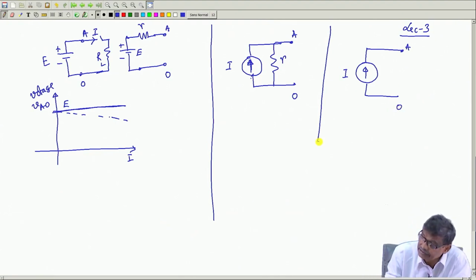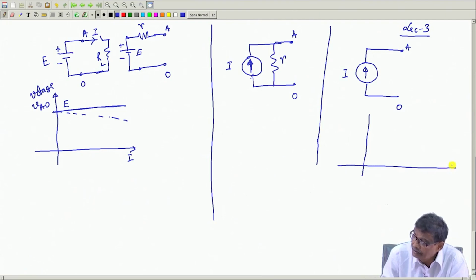Therefore, the characteristics of an ideal current source, if this is I, this is I, and this is voltage, and here you will connect load RL.